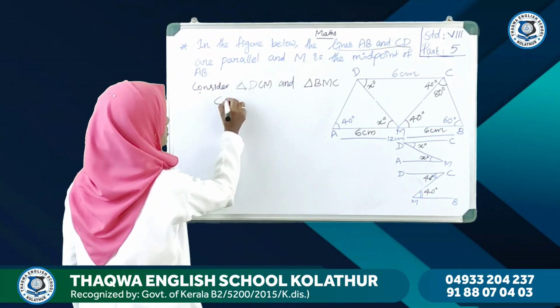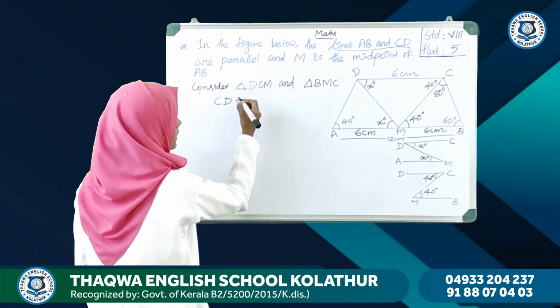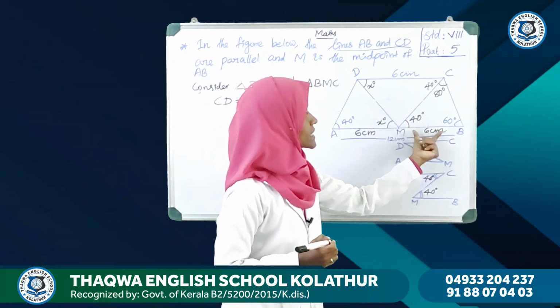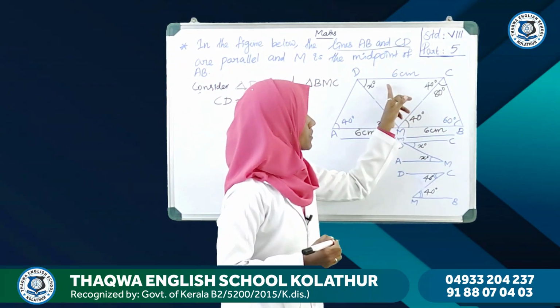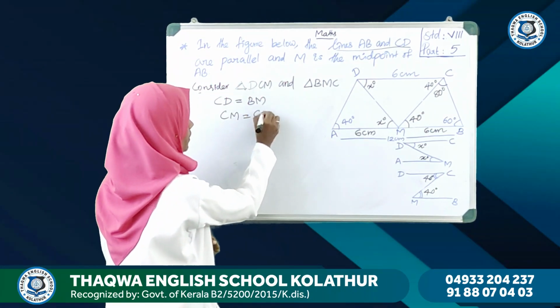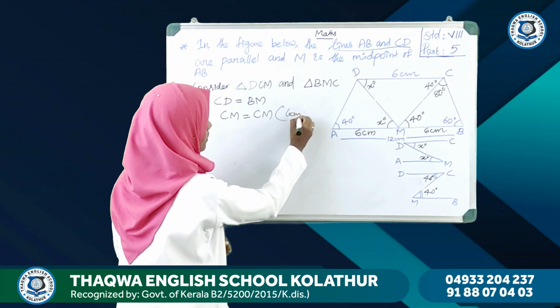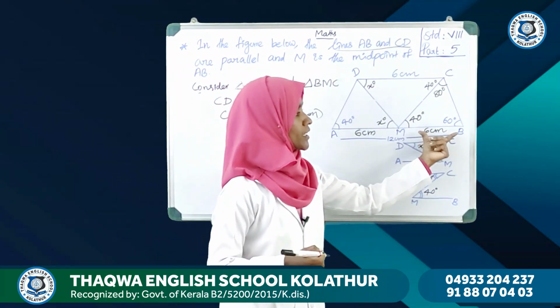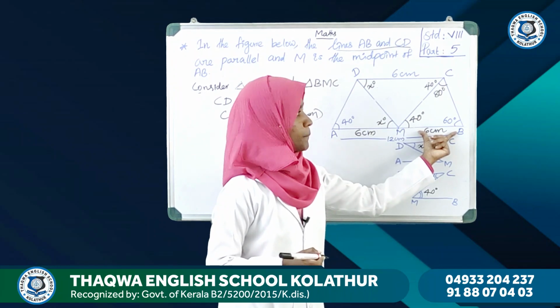From that we can write CD equals BM. CD equals BM. Then CM equals CM. This is the common side of triangle DCM and triangle BMC.